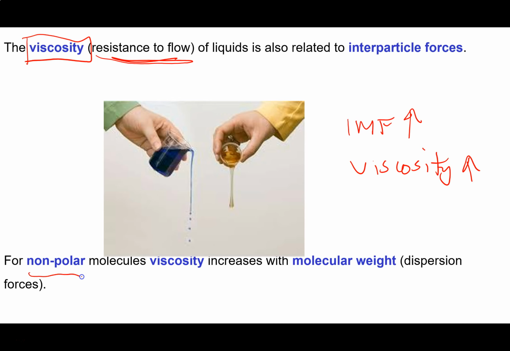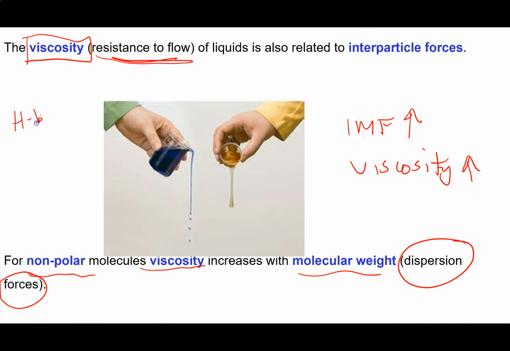For nonpolar molecules, the general rule of thumb is that viscosity will increase with molecular weight because of the presence of dispersion forces. So that makes it easy. When you have a polar molecule, you have the possibility of all of those other kinds of forces coming in.